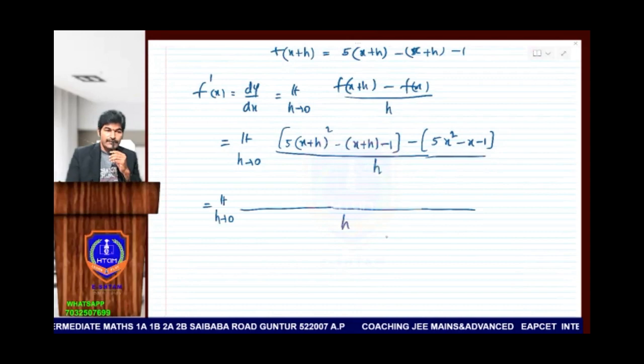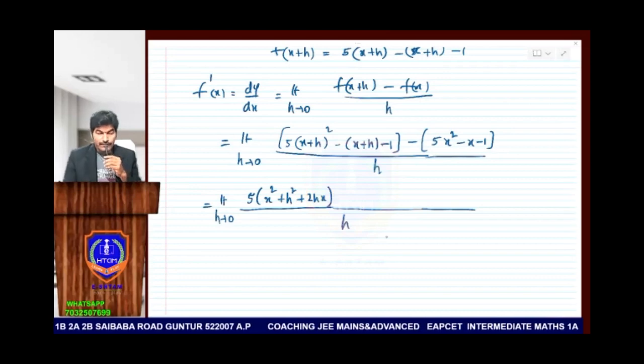Denominator will be h. Now 5 of, expand it using a plus b whole square. x square plus h square plus 2hx. After expanding, close it, because 5 is a multiple of this x plus h whole square. That's why. And multiply with minus. Minus into x is minus x, minus into h, minus 1. And after that minus, multiply with minus this 5x square minus x minus 1 also.